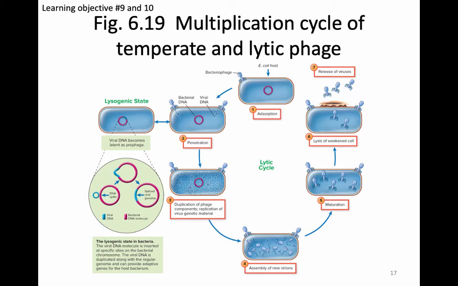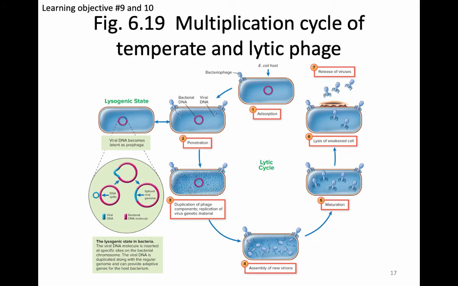The reason the temperate phage enter the lysogenic state is that although new viruses are not being made, each time the bacteria cell replicates DNA and divides to make daughter cells, the bacteria cell will replicate the viral DNA and pass it on to its daughter cells. So in this way, the phage can spread through a population without actually making new viruses.